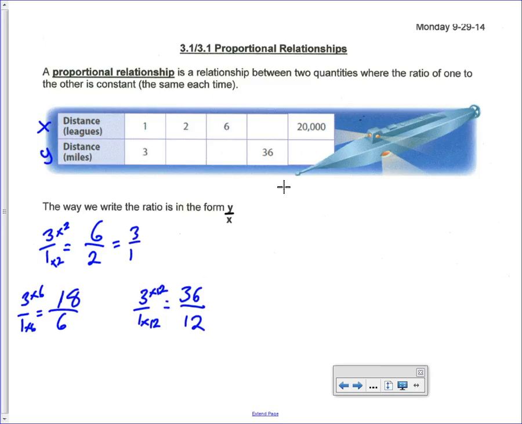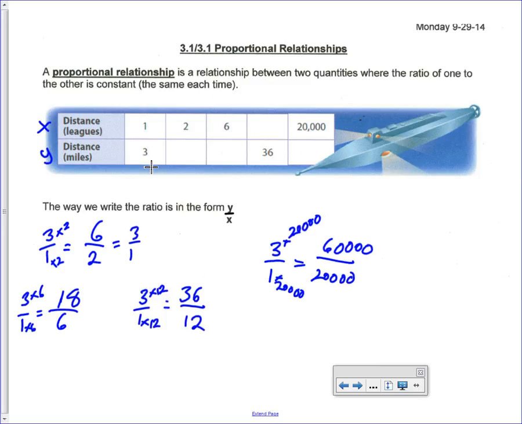And then this last one, we have 20,000 for x, and we don't know what our y is. It needs to equal 3 over 1. It needs to equal y over 20,000. So what did you have to multiply times 1 to get 20,000? Well, 20,000. So we're going to multiply top and bottom by 20,000. So 3 times 20,000 is 60,000.